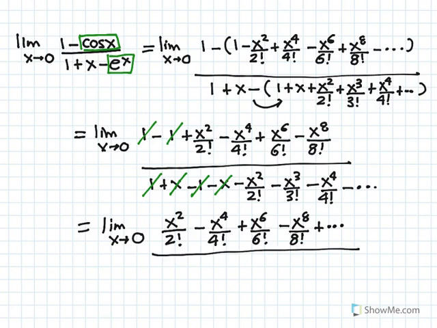In the denominator, we get minus x squared divided by 2 factorial minus x cubed divided by 3 factorial minus x to the 4 divided by 4 factorial, and so on.